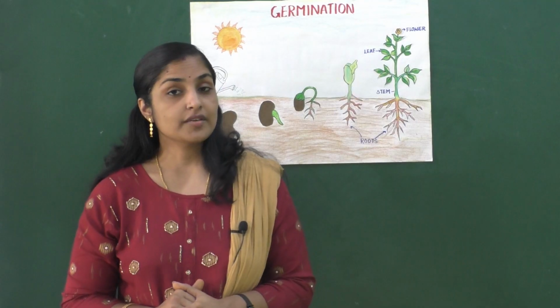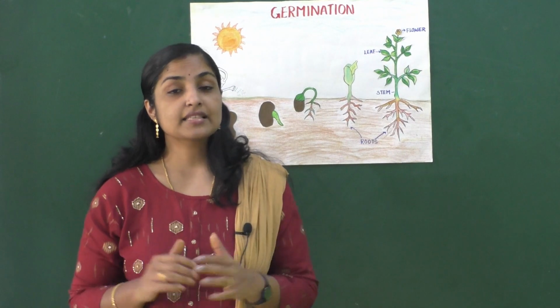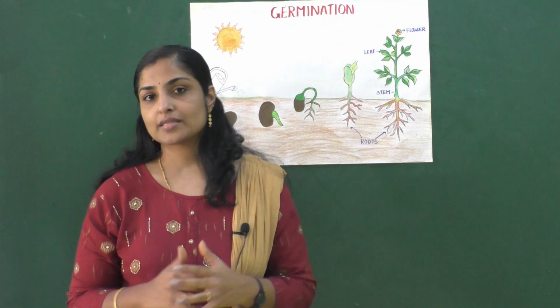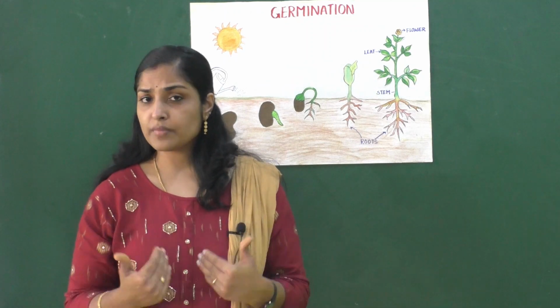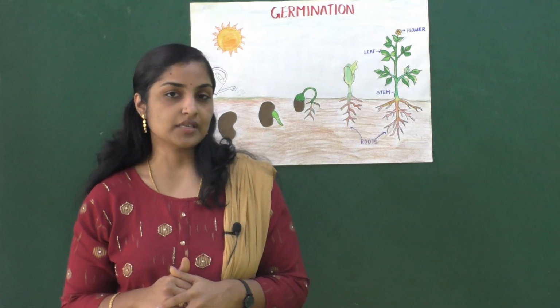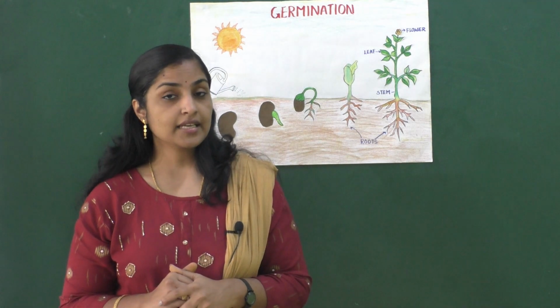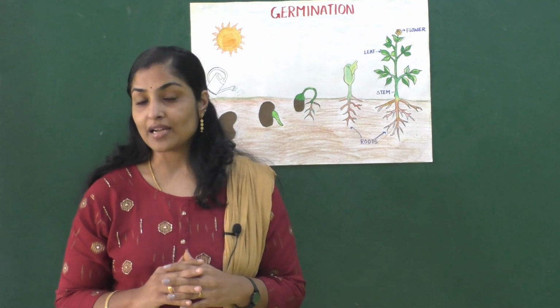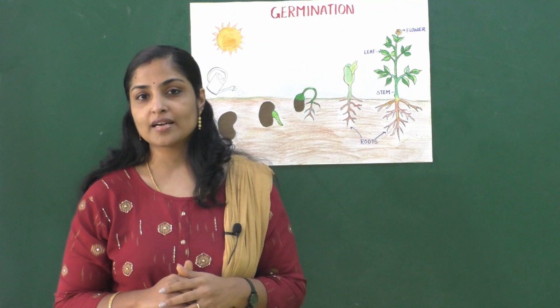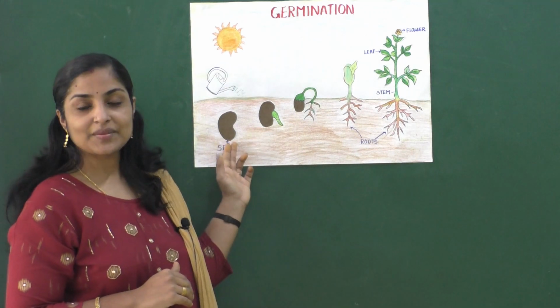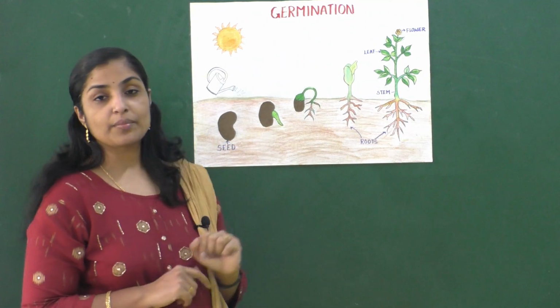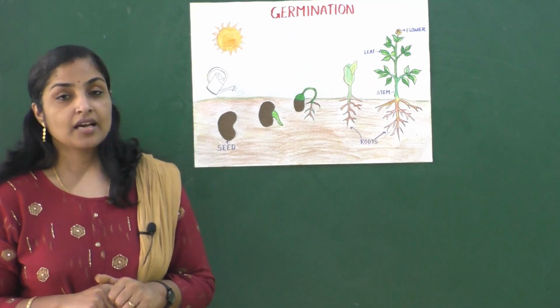Children, everything in this universe begins with something. You, me, and all things around us. Just like that, the life cycle of a plant starts from a seed. Okay? Yes, it starts from a seed.